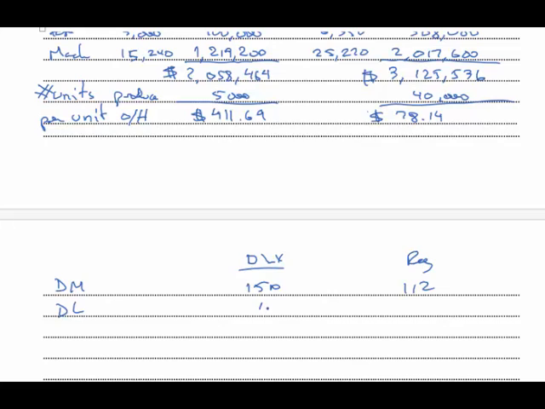Direct labor we calculated previously as being $44.80 and $12.80, and we've now recalculated overhead for $411.69 and $78.14. So if you add all of this up, you get $606.49 and $202.94. And so I guess the interesting question now is, how does this compare to what we did previously?